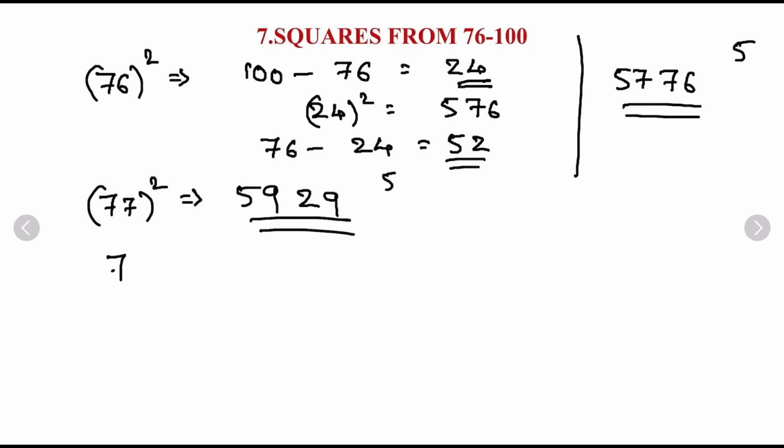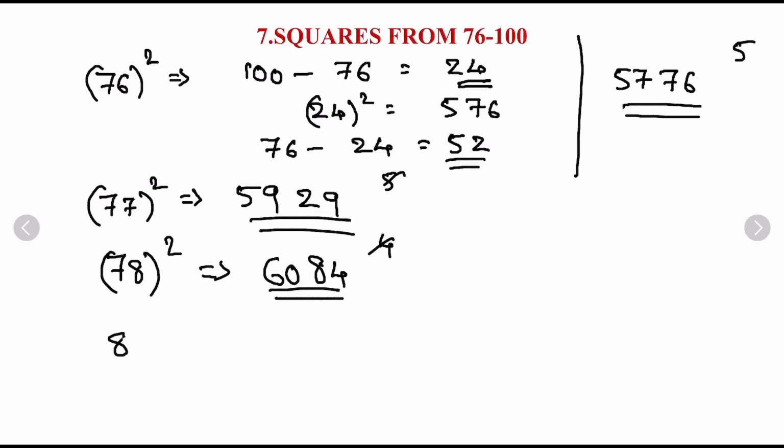If it is 78 square, how much less than 100? 22. 22 square, 484. Keep 84, 4 carry forward. 78 minus 22. 56 plus 4, 60.